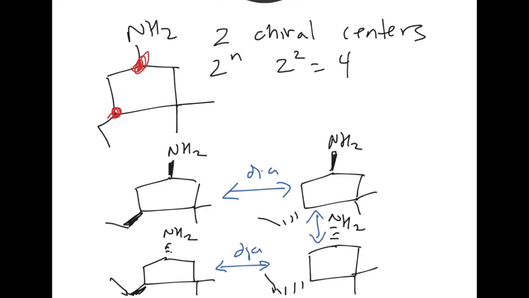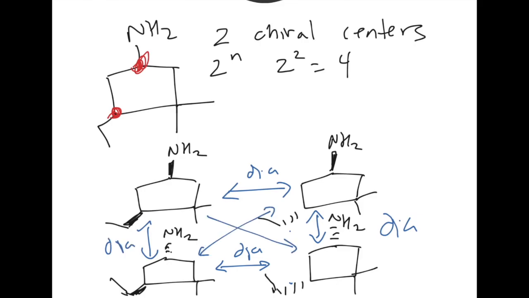That pair. So these are diastereomers again, right? The ethyl stereocenter stays the same. The amine stereocenter changes. So these are diastereomers. Same over here.